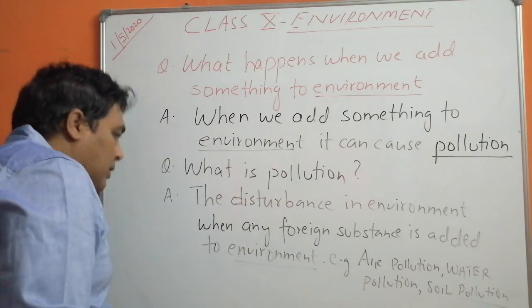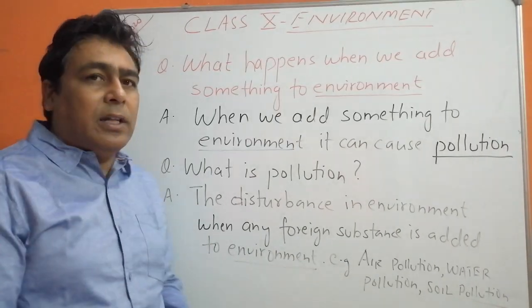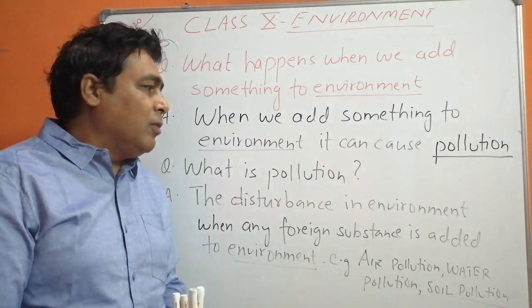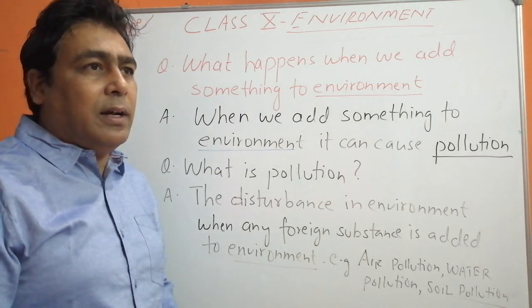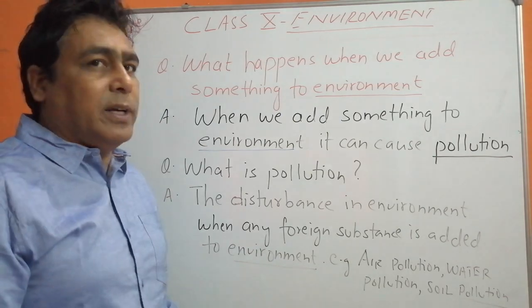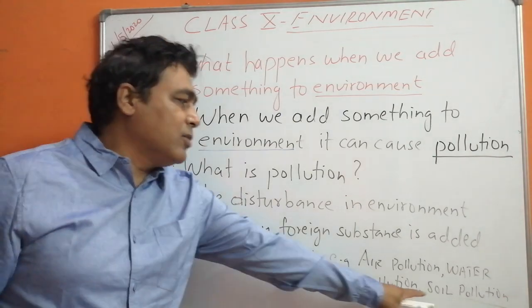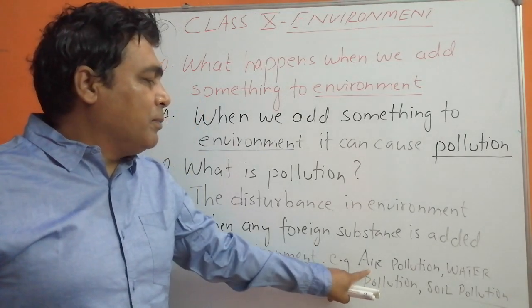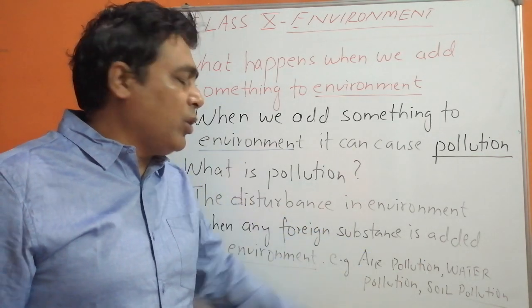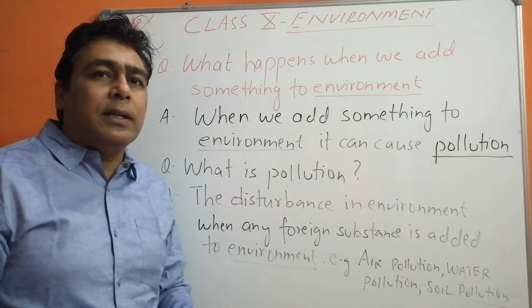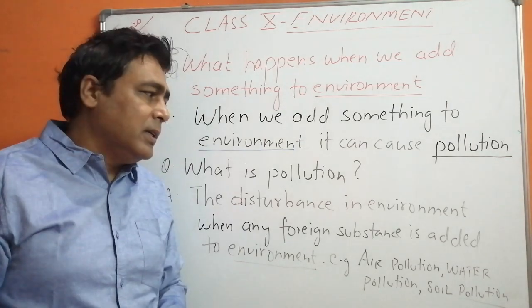As we know, we live in the world, and the earth consists of the biosphere, hydrosphere, lithosphere. Lithosphere mostly is of soil, atmosphere is made up of air, and hydrosphere is made up of water. In all these parts, organisms are found.